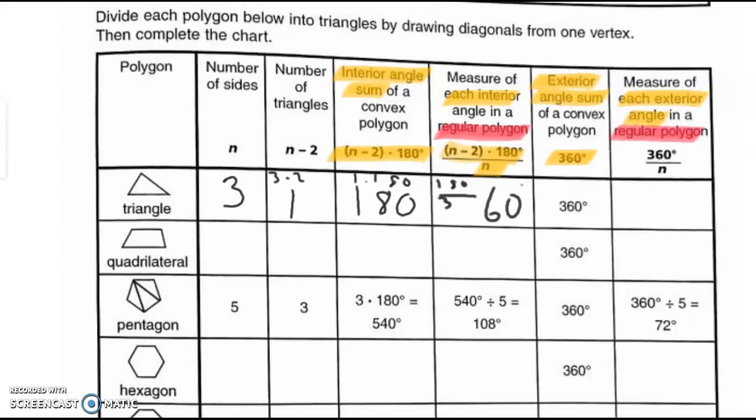That's the key there, and we're going to take that 360, the sum, and divide it by the number of sides. So again, that's another formula you're going to have to remember. So now I'm going to take that 360 and divide it by the number of sides, 3, and I get 120 degrees.